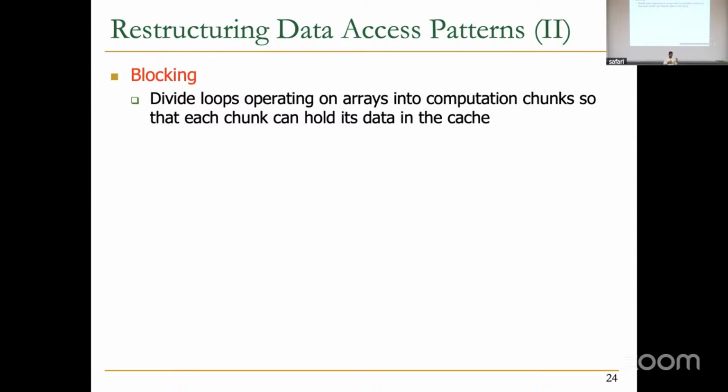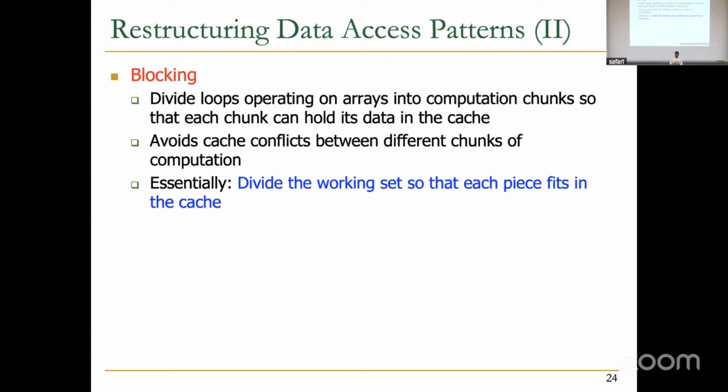So the idea of blocking is that instead of doing the entirety of the computation all at once, let's divide and conquer. Divide the computation into sub-blocks, which by themselves can fit inside the cache, so that you can exploit locality for that entire computation. Once you're done, you go to the next block and do the computation there. So that's what I just said: divide the working set, divide and conquer.